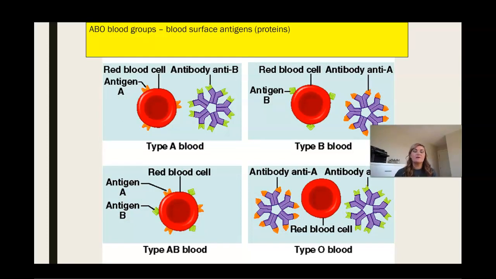Now going into blood, with blood we're going to have what we refer to as blood groups. So we have the ABO blood groups, and this is simply going to be what type of proteins are going to be found on the cell membrane of that red blood cell. So if you have type A blood and you look over to this picture that's going to be in the top left-hand side, you're going to see that that red blood cell has a specific shape of protein that's going to be found on that cell membrane.